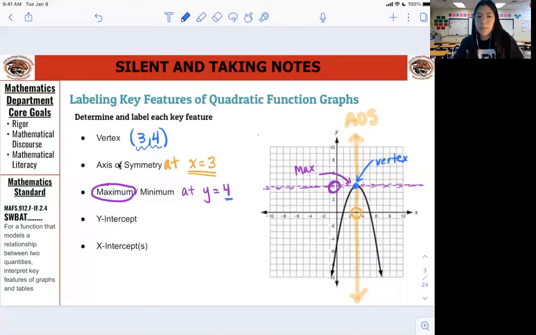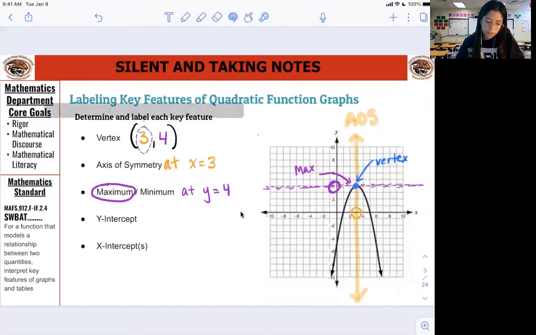Same thing with the axis of symmetry. The axis of symmetry is always going through the vertex, right? So here, let me make this very clear. My vertex is at 3, 4. The 3 is the same thing as the x of the axis of symmetry.